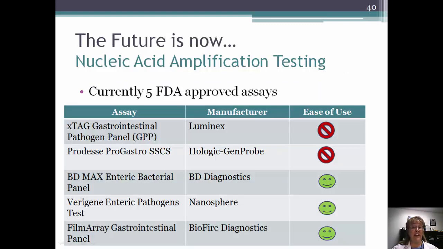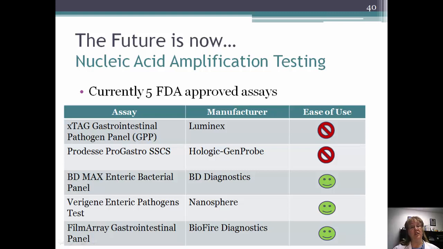Well, pretty much the future is now. We now have 5 currently approved, FDA-approved assays for detection of not only bacterial pathogens, but also parasites and viruses. You can see that they're listed here in this slide. And as far as their ease of use, essentially that's my concept of their ease of use. Basically, what I would look for in my laboratory in bringing in a test like this is whether or not everybody in my laboratory could perform the test.